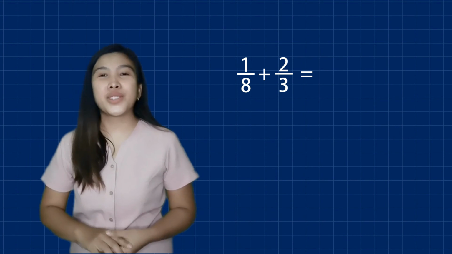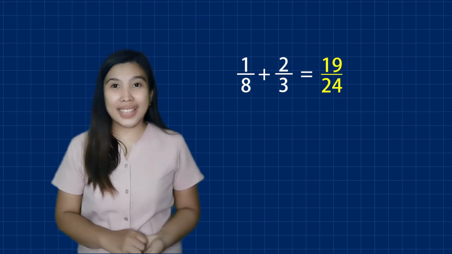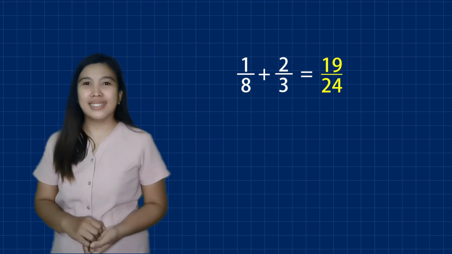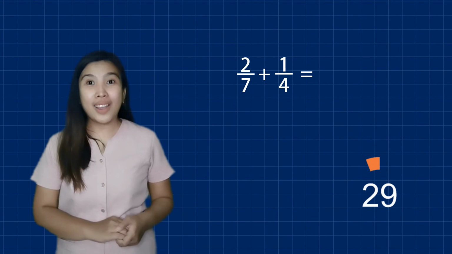Okay, time's up. So the answer is 19/24. Another expression. We're going to find the sum of 2/7 plus 1/4.